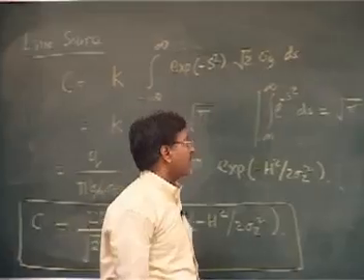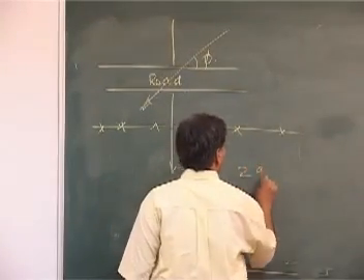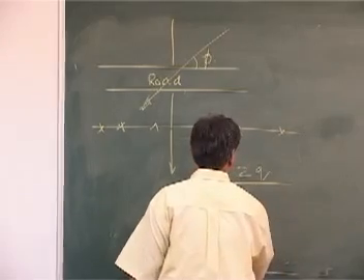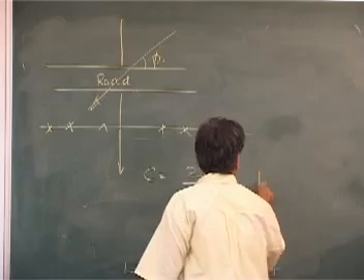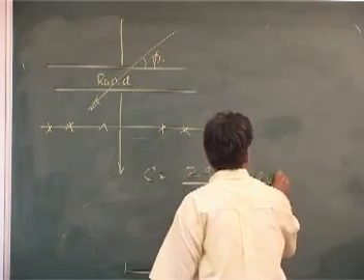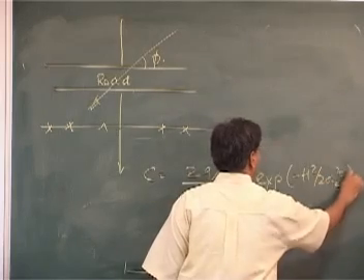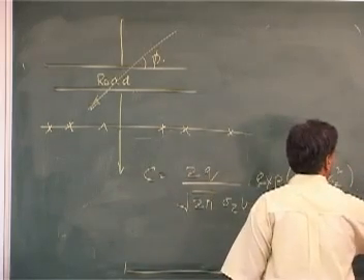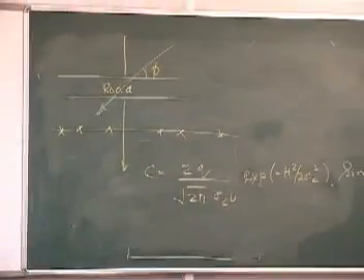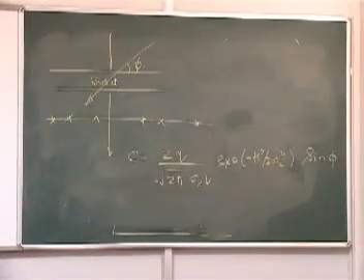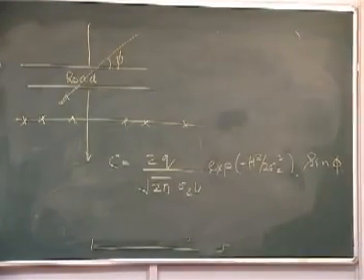In that case, simply what you do, C equals 2q over root 2 pi sigma z u, exponential of minus h square by 2 sigma z square, and take the component in the x direction of that. So you simply multiply by sin phi.